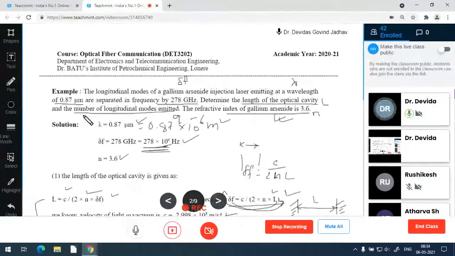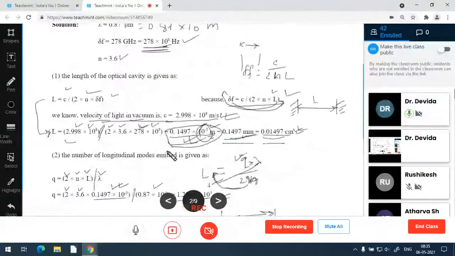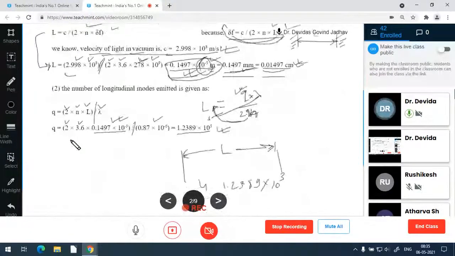So the number of longitudinal modes is Q, and the length of the cavity L is also calculated. The length of the crystal is 0.1497 into 10 raised to minus 3 meter, or 0.1497 millimeter, or 0.01497 centimeter.